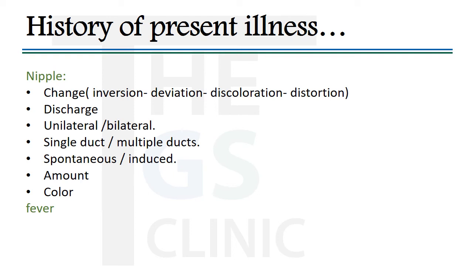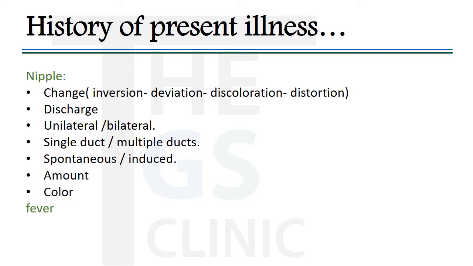Any discoloration, like a change in the color of the nipple, redness, darkening, or any distortion? Is there any eczema-like lesion, any ulceration, any distortion that happened in the breast? We have to ask these questions.